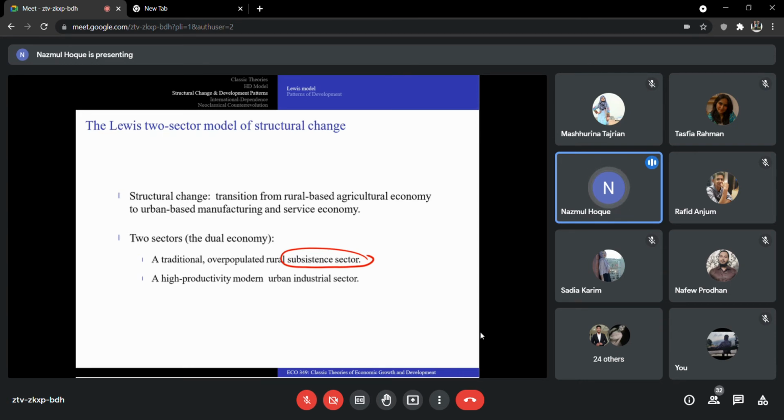So when you take the labor or workers from this traditional sector to the modern sector, at some point they have to modernize the production process, and that is going to lead to higher productivity, causing increased return from the agricultural activities. So there will be more commercial production rather than subsistence, and this subsistence sector will be transformed into a modern commercial sector.